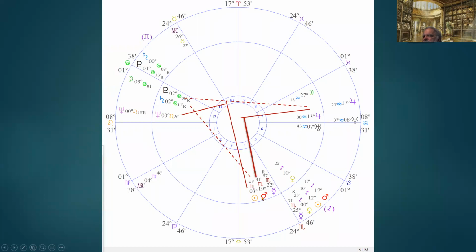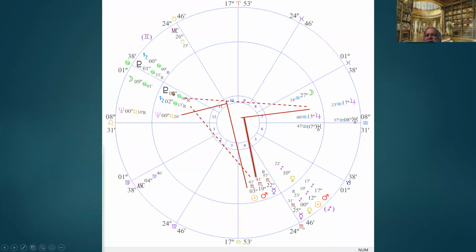Mars is at 19 of Scorpio. It's square to Jupiter, and we'll come back to Jupiter when we start talking about the liver. And both ends of this Mars-Jupiter square are sesquiquadrate to Saturn and Pluto.